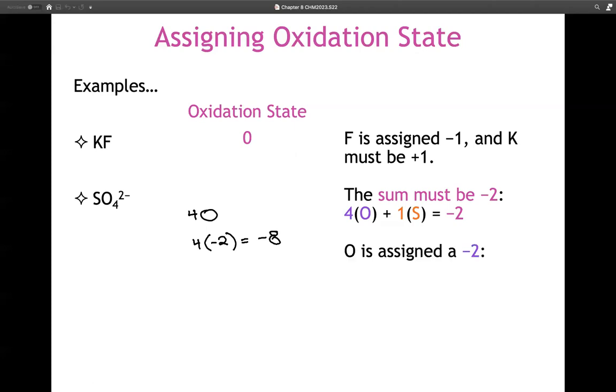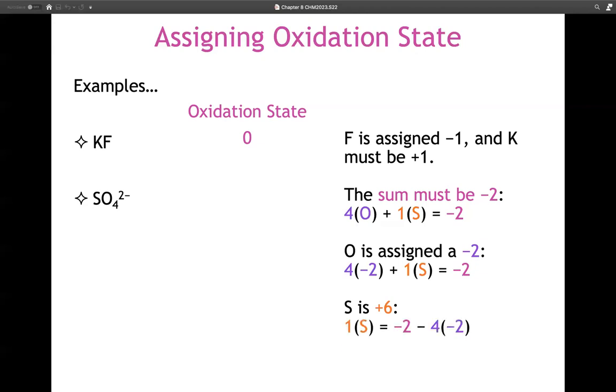We have 1 sulfur, and we want the overall charge to be -2, so sulfur has to be a +6. Again, this is oxidation state and not charge. So oxygen is a -2 and sulfur is a +6.